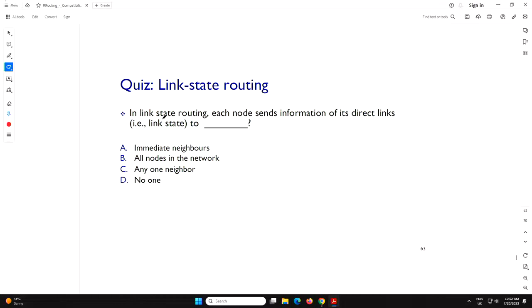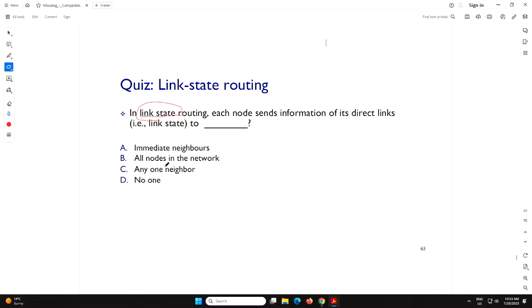So the question is, in link state routing, each node sends information of its direct links to who? Immediate neighbors? A? Anyone thinks? Any hand? Second, all nodes in the network?